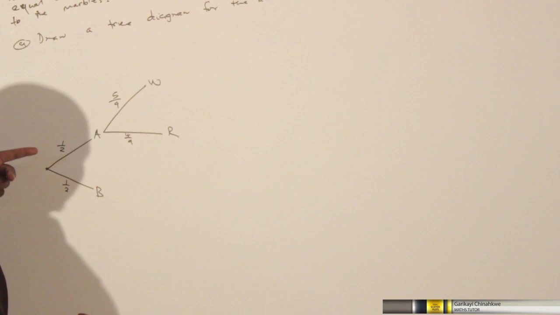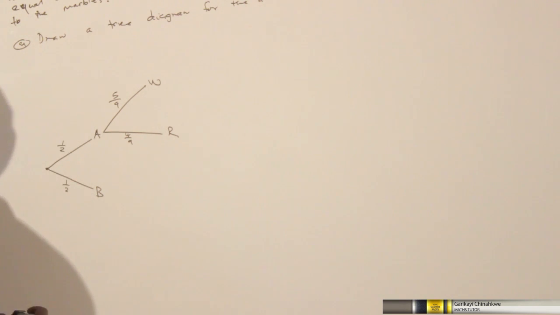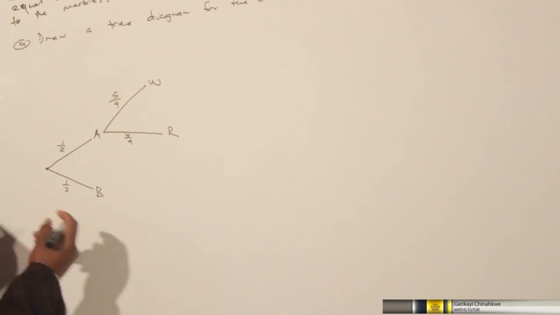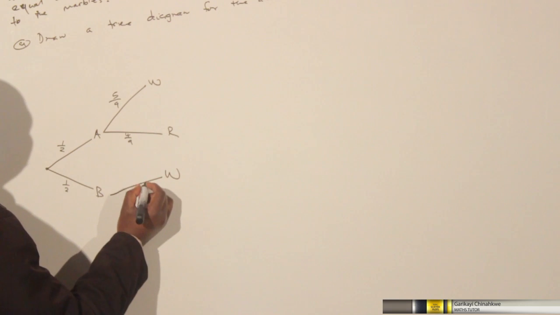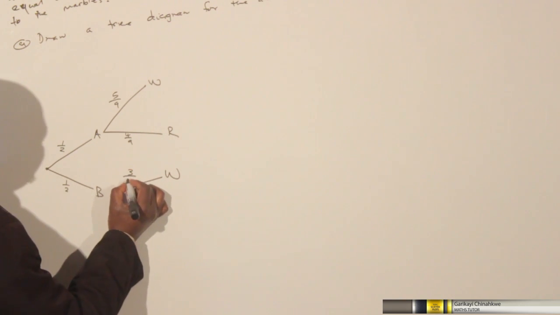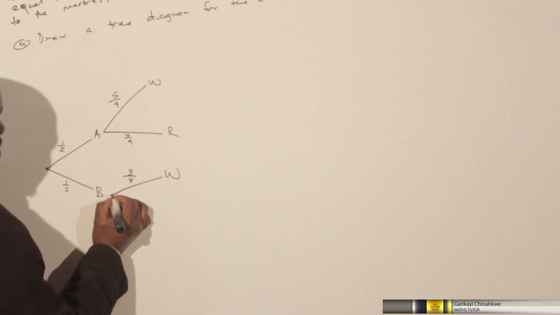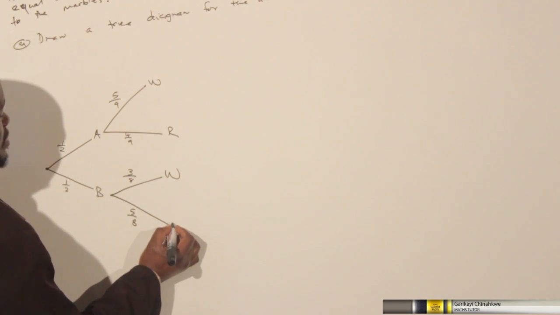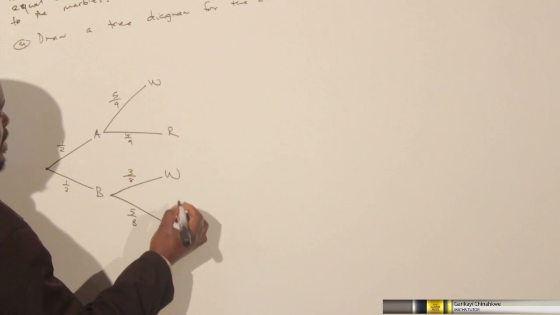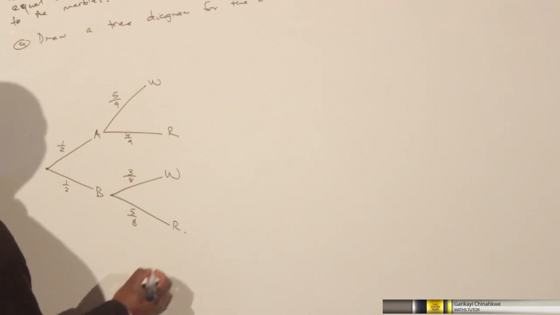Maybe sometimes you do not pick bag A, you pick bag B. What is the probability of picking a white marble from bag B? 3 are white, so it's 3 over 8, because there are 8 of them. And then it's 5 over 8. This is white, this is red.